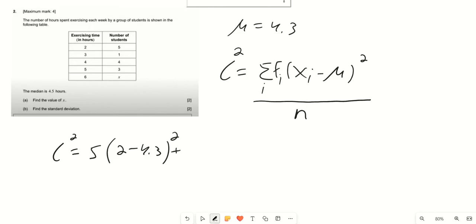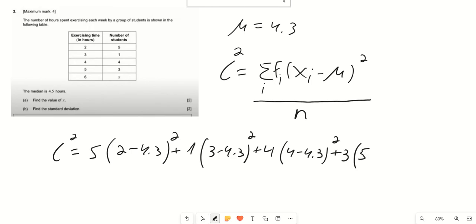Moving on to the second row, we have 1 student times 3 hours minus 4.3 squared, plus 4 times 4 minus 4.3 squared, plus 3 times 5 minus 4.3 squared, and plus x, which is 7, times 6 minus 4.3 squared.